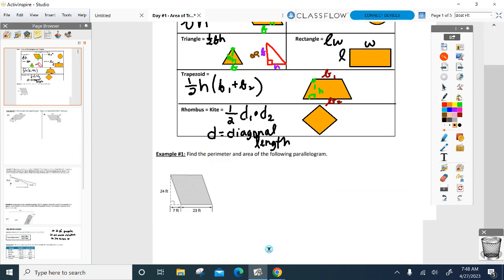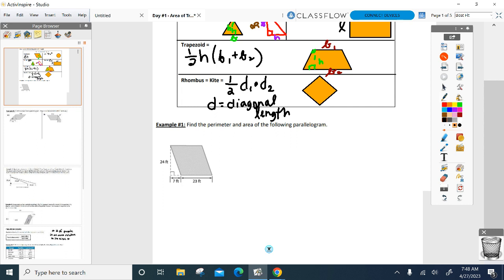Find the perimeter and the area of this parallelogram. Let's start with area, because I think I know both here. Area of a parallelogram, remember the formula, base times height? Both are already there. You just got to understand what is the base and what is the height. Height goes from a vertex to the opposite side.